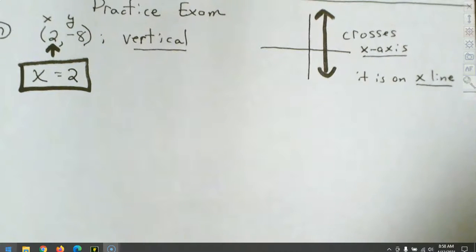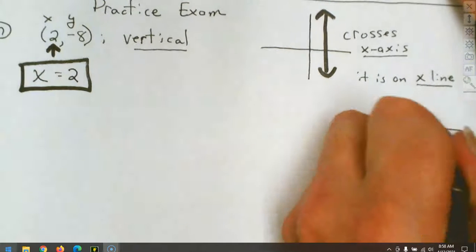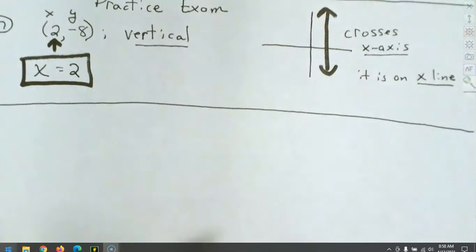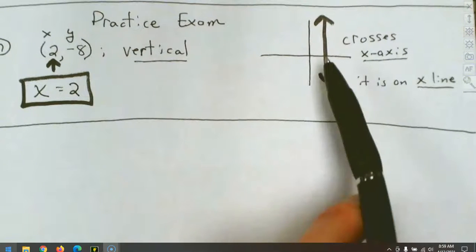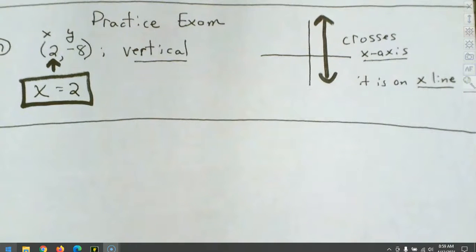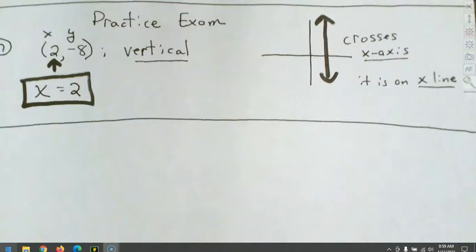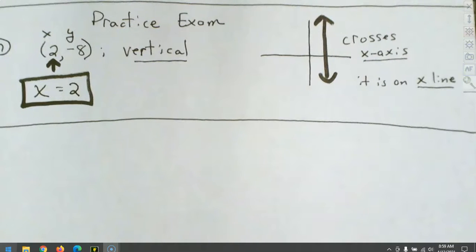It's simply y equals what? 1. So that's it. So question 7 is x equals 2. Question 6 would be the opposite, and it would be y equals 1. And I don't want you to miss that question. If you forget which way it is, draw a picture. See which axis it crosses. That's going to be which one it is. If it's a diagonal line, that tells you it's got both an x and a y part with it.